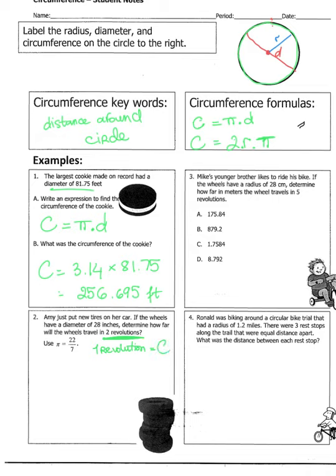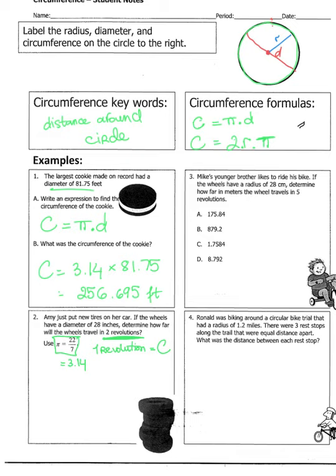So 2 revolutions, we're going to double your circumference later. And they say use pi as 22/7, which is 3.14. But when we do 22/7, you're going to have a nice answer instead of a decimal.